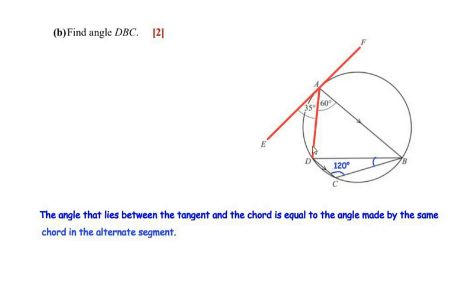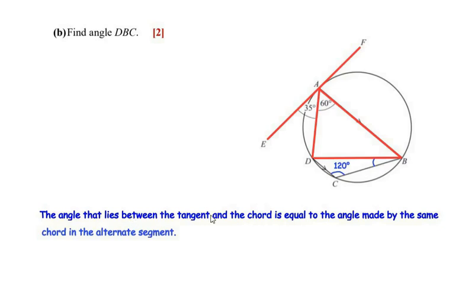Now this chord AD divides the entire circle into two segments. This is the small segment, that is the minor segment, and this is the larger segment, that is the major segment. Now this chord has made an angle of 35 degrees with the tangent in the minor segment, and the same chord makes an angle in the major segment at point B, this way.